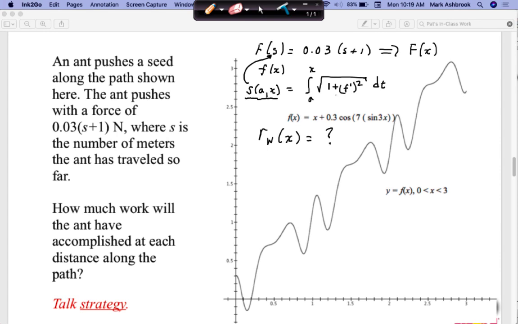F of s, where s is a function of x, will give us f of x. And then what will the rate of change of work be? So what would I write for the rate of change of work?